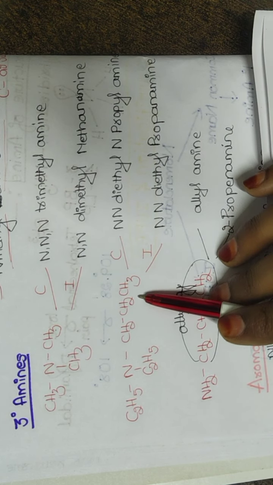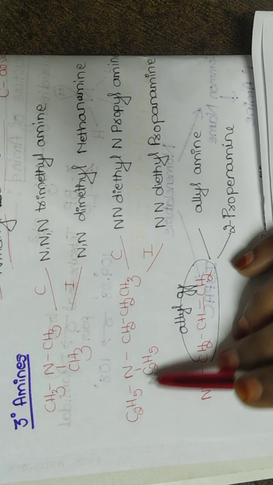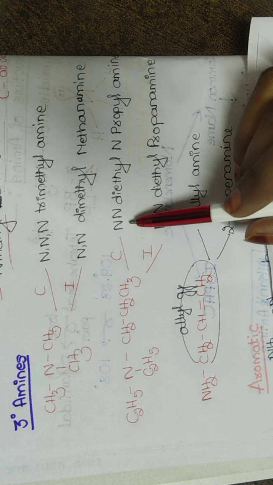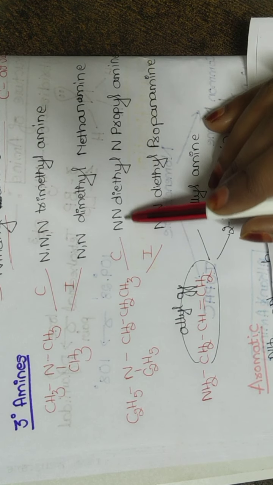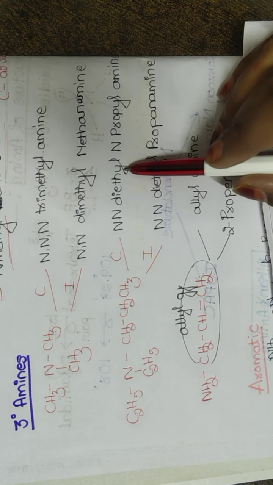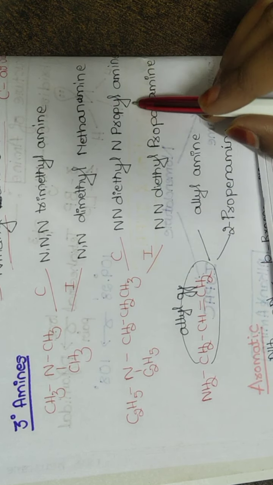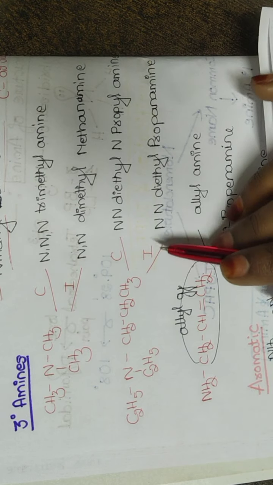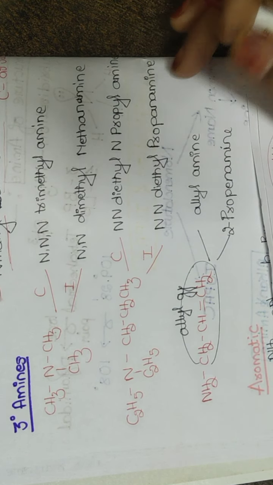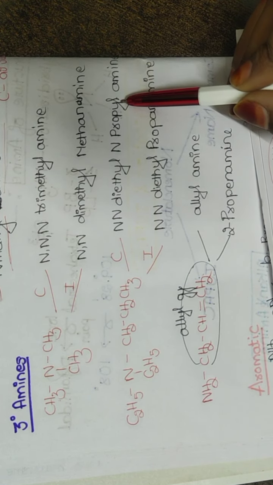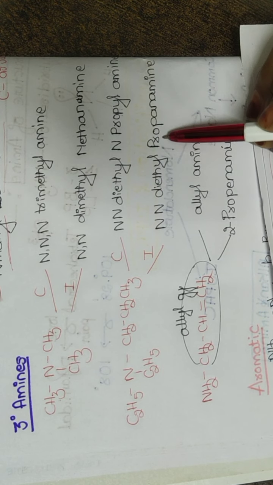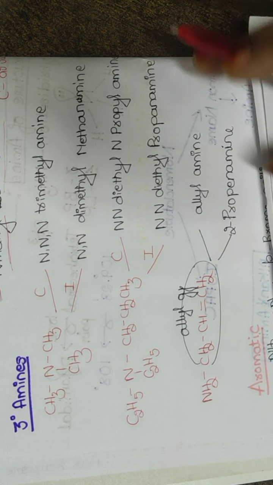So here I have 2 C2H5, so I'll give the common name as N,N-diethyl followed by propylamine. The IUPAC nomenclature will be the same thing; here we are using propyl, but there we have to write it as propanamine. That's all the difference.